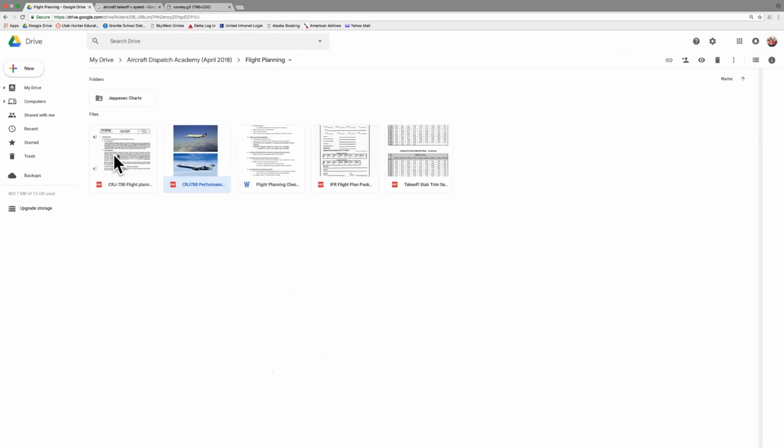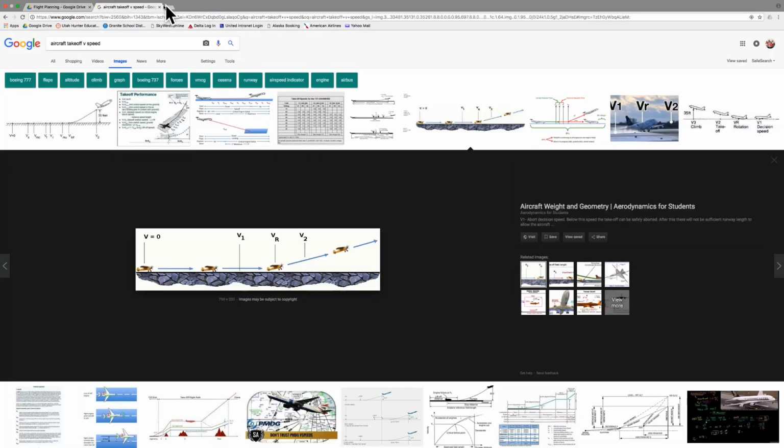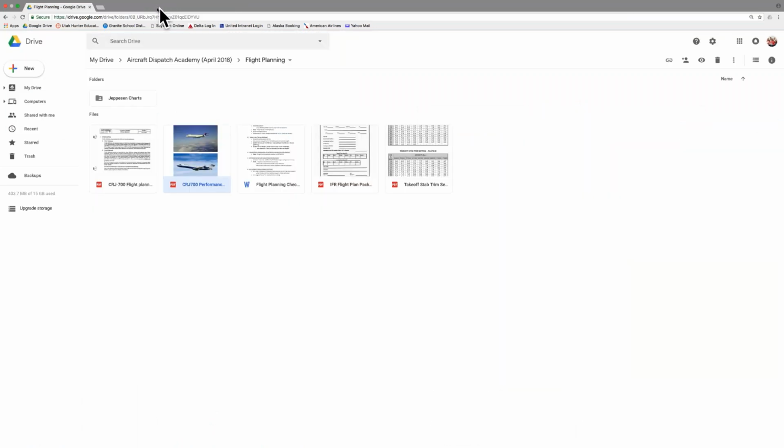The reason why these speeds are important to the pilots, not as much to the dispatchers, is that when we do the planning, the computer's actually going to calculate the V speed for us.